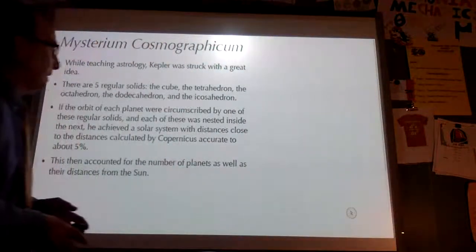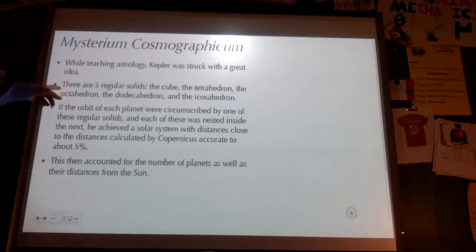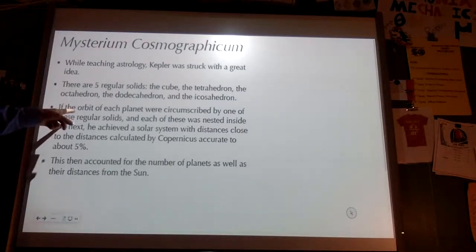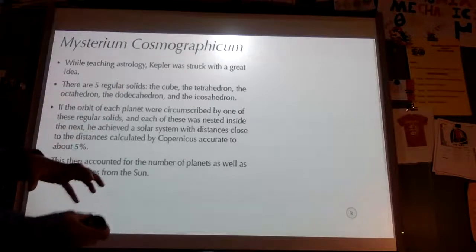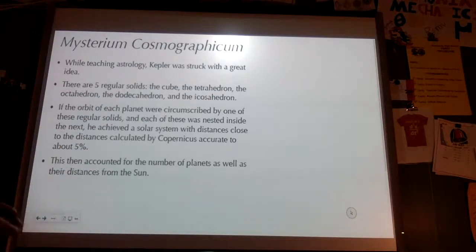And so he had this unusual idea that if there are 5 planets and 5 regular solids, the orbits would each correspond to one of the solids if you put them all inside of each other.